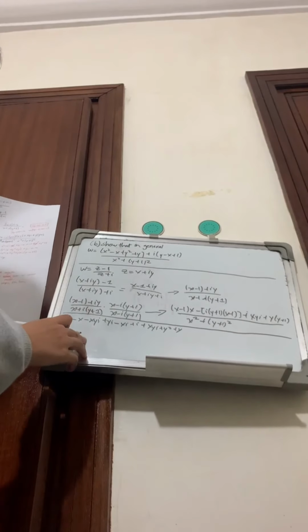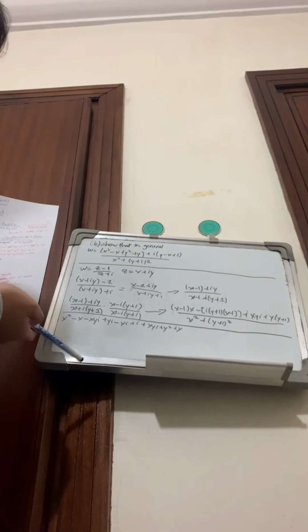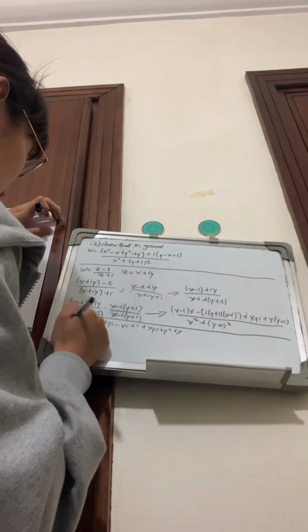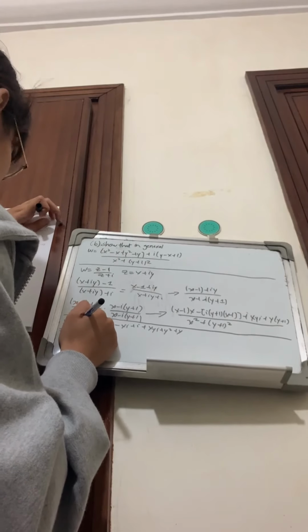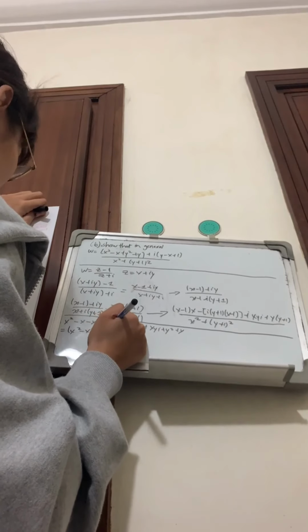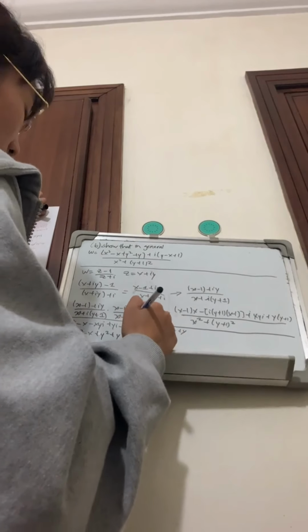Now what we want to do is, again, group like terms, putting the i values together and the real values together on one side. And we're going to factor out the i.